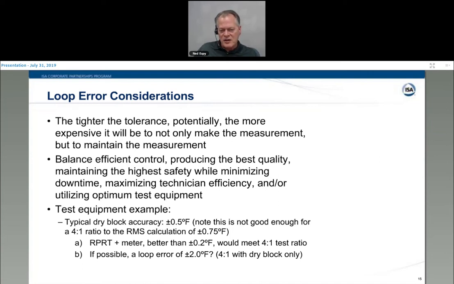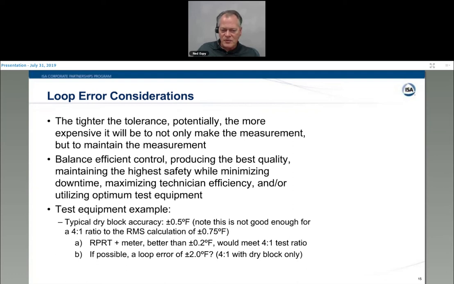So here's something that you have to keep up with, maybe the parameters on it, the coefficient numbers. It adds a level of complexity. These things cost anywhere from $500 to $2,000 on top of what you spent for the dry block. So here's where we said, well, our loop error came out to this, but in the scheme of things in our plant, if our temperature is within 2 degrees, we'll get good reaction, good control.